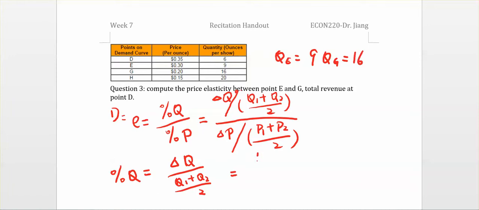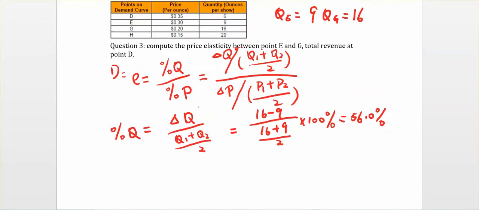So we have 16 minus 9 divided by 16 plus 9 divided by 2, times 100%. If you have the calculator, you should get the answer, which is equal to 56.0%.